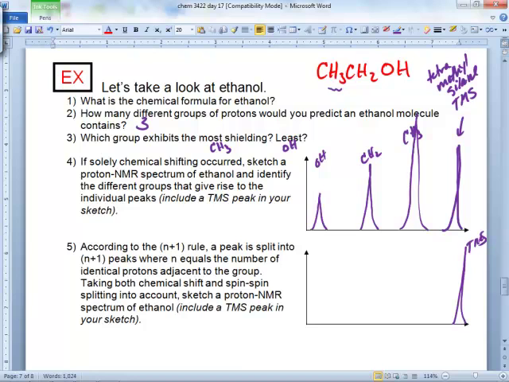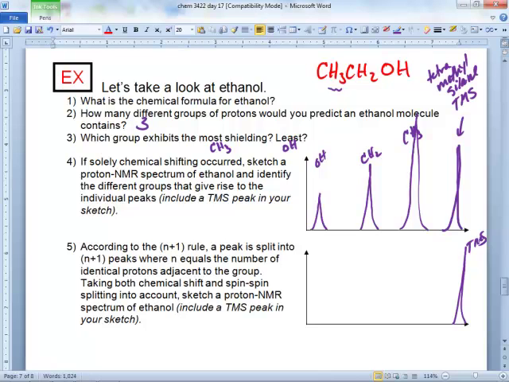Let's identify that methyl, the CH3. How many identical protons are adjacent to that group? That's a better question.